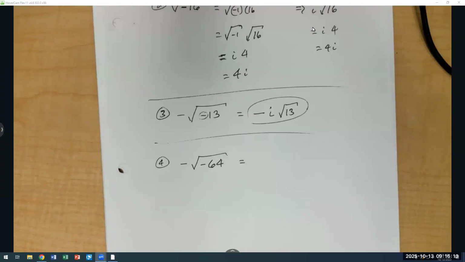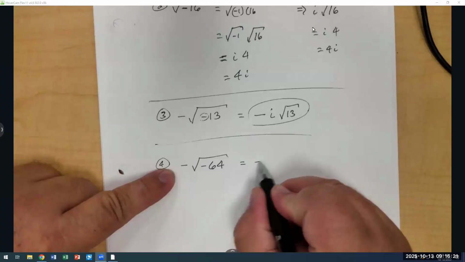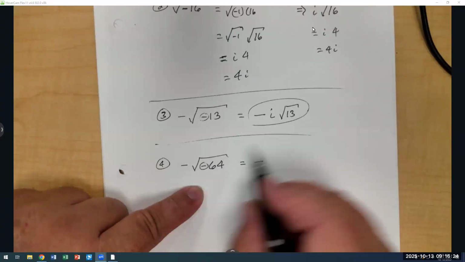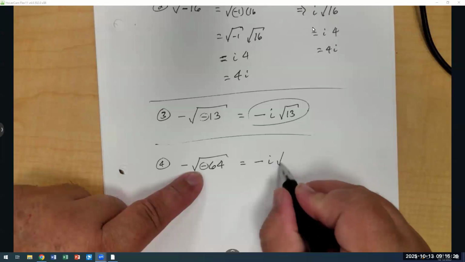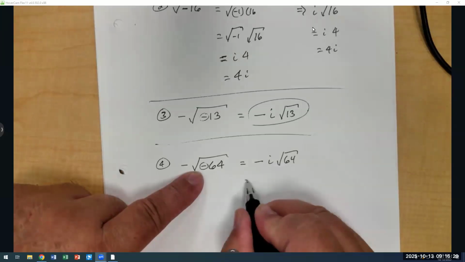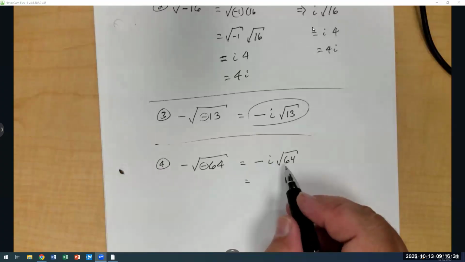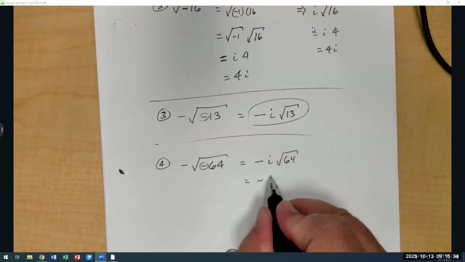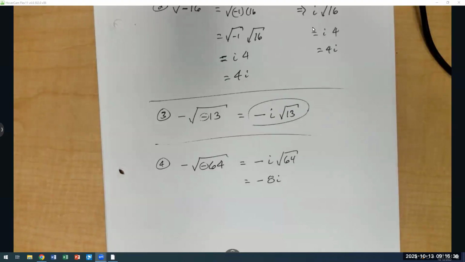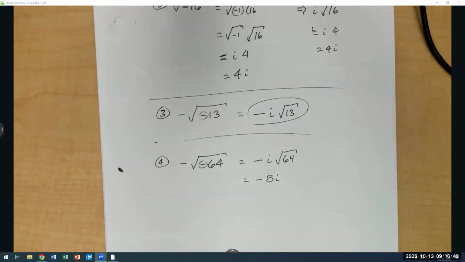So what's the answer? Negative 8I. The negative stays out in front. The negative inside there becomes an I. What's the square root of 64? 8. So it's negative 8I. Remember, I is like a variable. So if it was X, you wouldn't put X8, you put 8X. So treat it the same way.